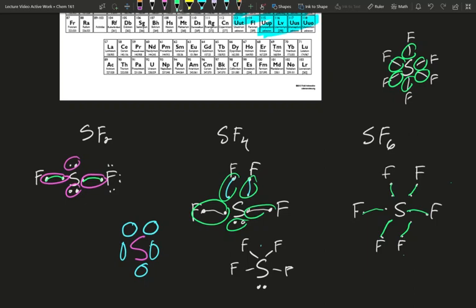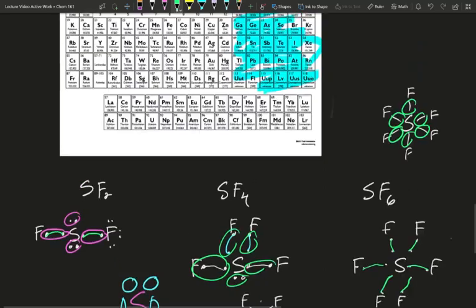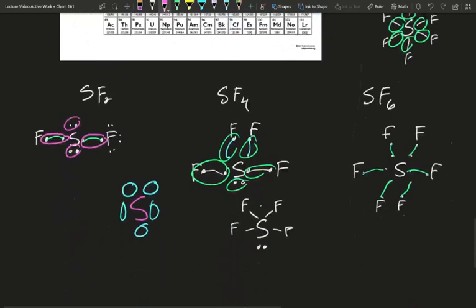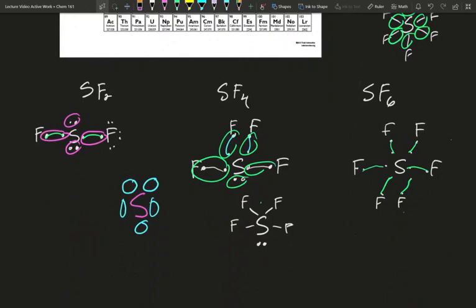The octet rule is really about only having 4 orbitals, and that's really just for period 2. Happens to be the vast majority of molecules we make, but it's really just those elements that are trapped. You cannot exceed the octet for period 2, but you can, if needed, exceed it for period 3 or later.